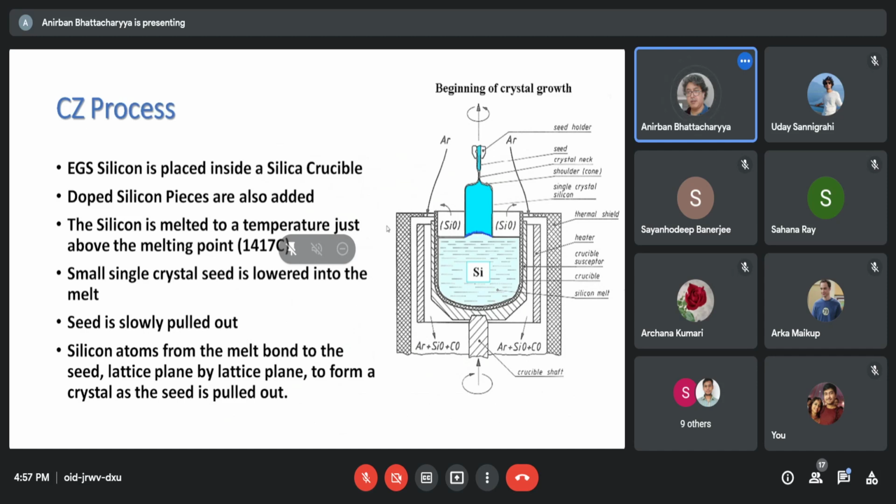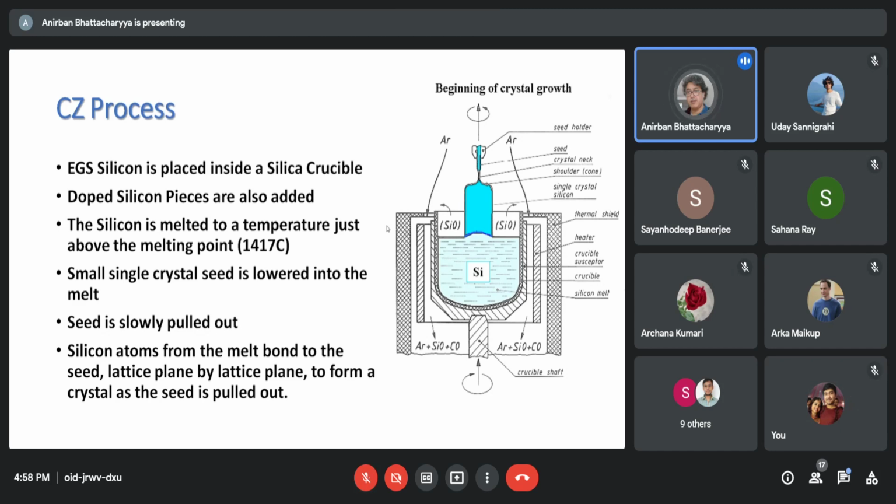It says that the seed is hanging down from the top. And can you see the seed is rotating? There's a circular arrow. And you see the entire crucible is also rotating in the opposite direction. So there is more uniformity. That's why you get cylindrical symmetry. That is why you have this cylindrical kind of shape.